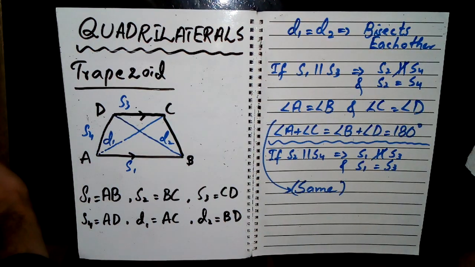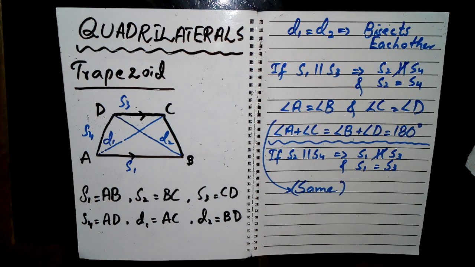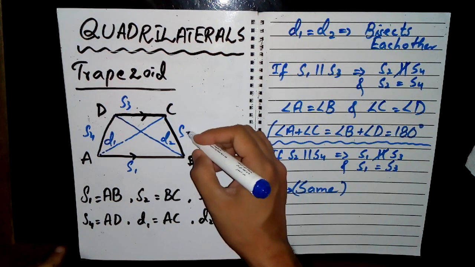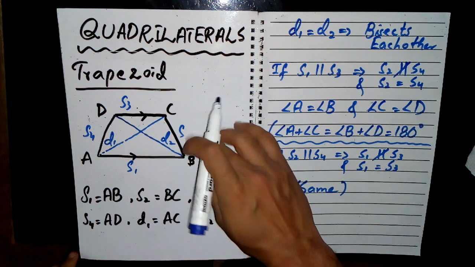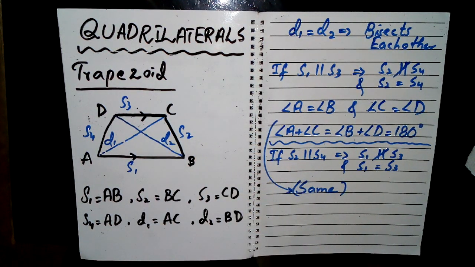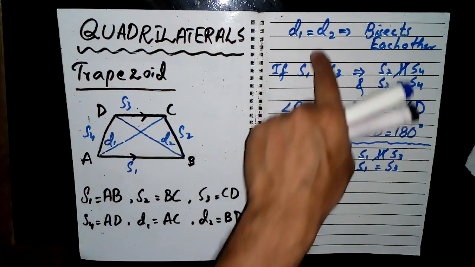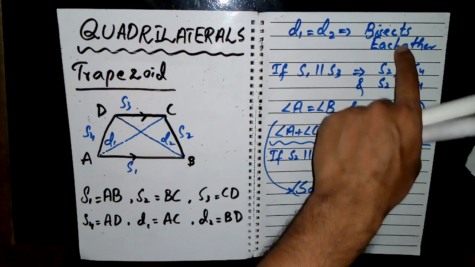Another special quadrilateral is trapezoid, or rather we can say a special kind of trapezium. It has four vertices, four angles, four sides, side 1, side 2, side 3, side 4 and two diagonals. The special thing about trapezoid is that the diagonals are equal, that is D1 and D2 are equal and they bisect each other.